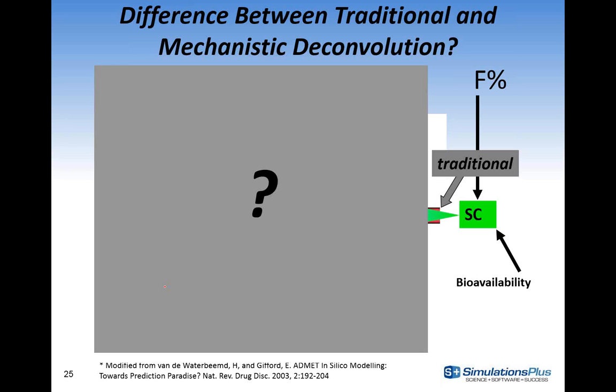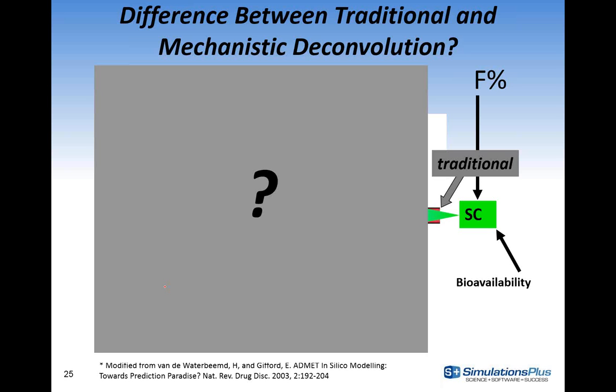So, traditional deconvolution, you're simply going to be determining the functionality between your in vitro dissolution rate and the systemic bioavailability, or how much drug entered systemic circulation.